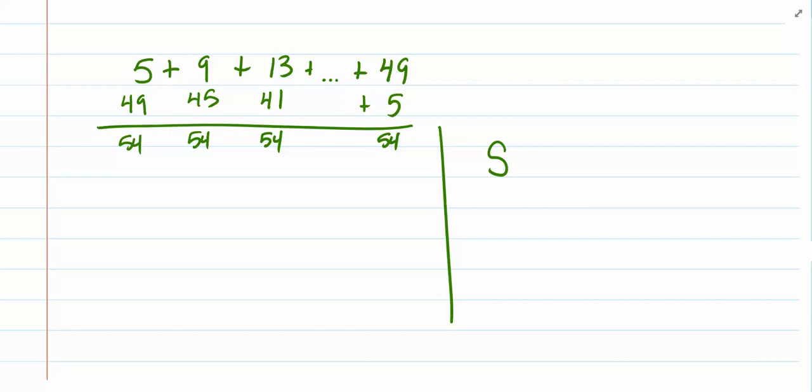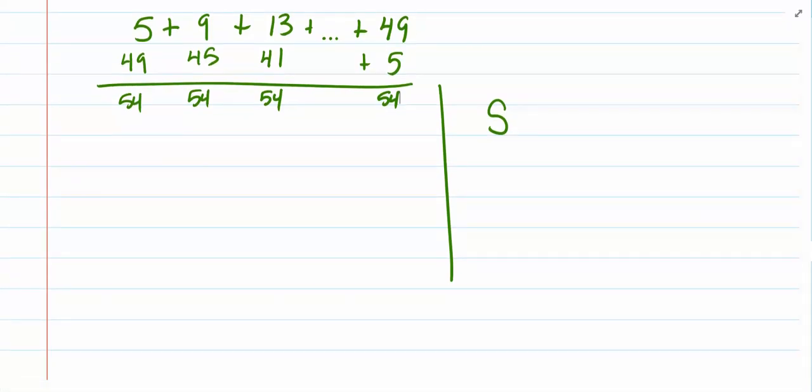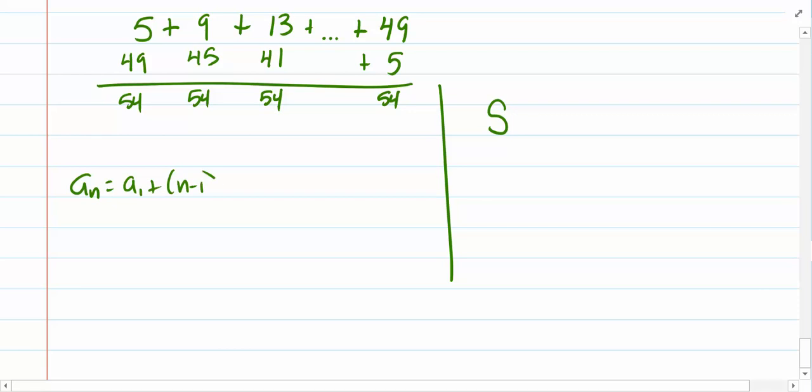Okay, you're on the right track. I like how you approach this, but what we need is to figure out how many terms we have, right? So we're going to have to use the fast forward formula: a sub n equals a sub 1 plus n minus 1 times d. A sub n, do we know that? No, we don't. That's what we're looking for, right?